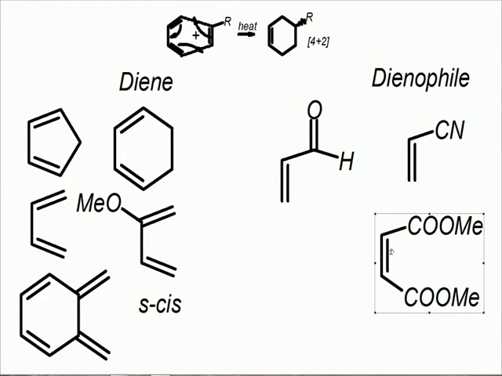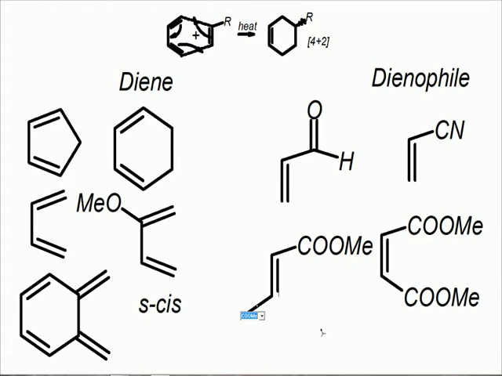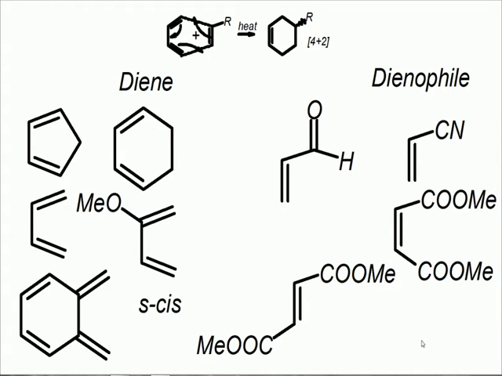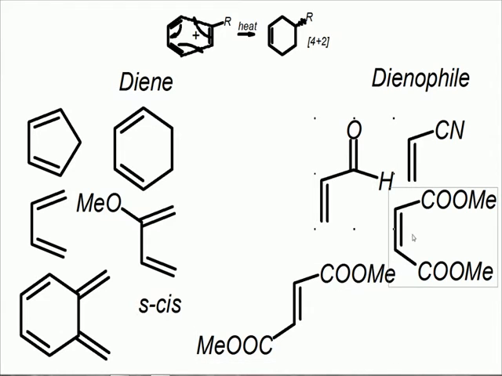So that's a really good dienophile. And of course, you can also have the trans version of that. So there's a cis version and a trans version, and that doesn't matter with our dienophiles. You can have the trans version of that, and it's just going to give you a different product.